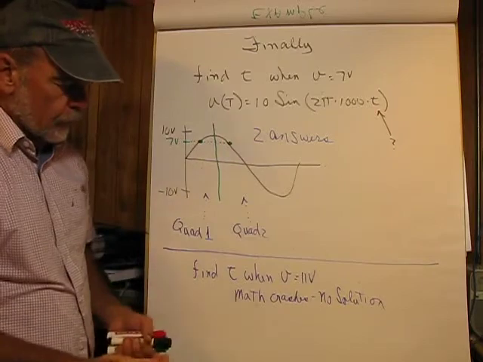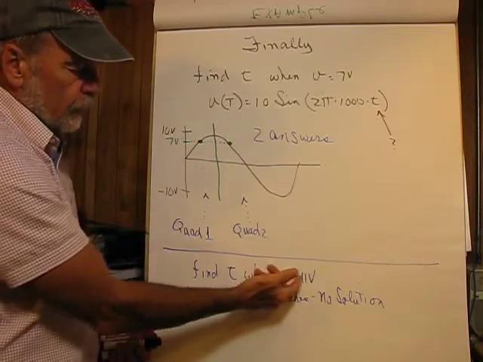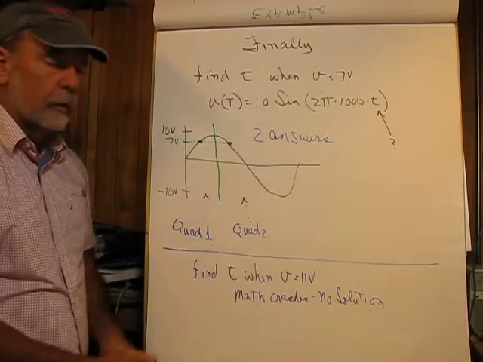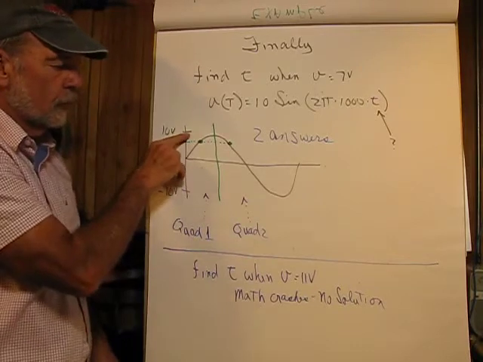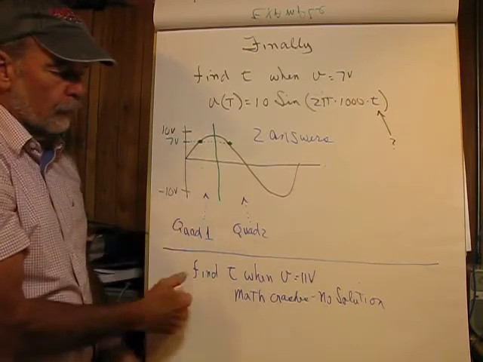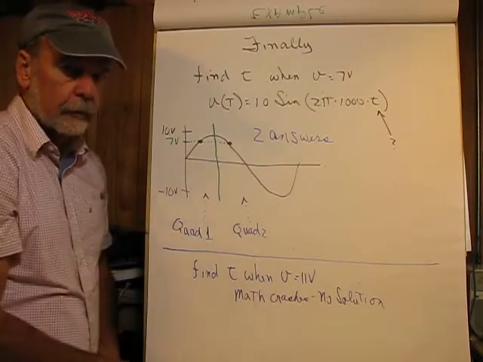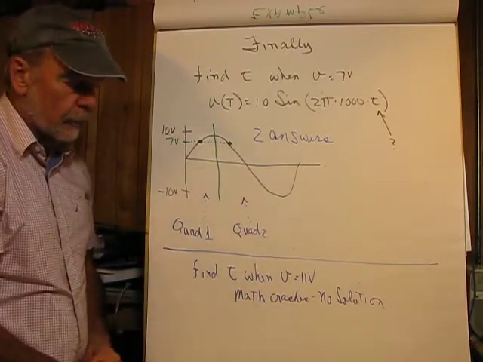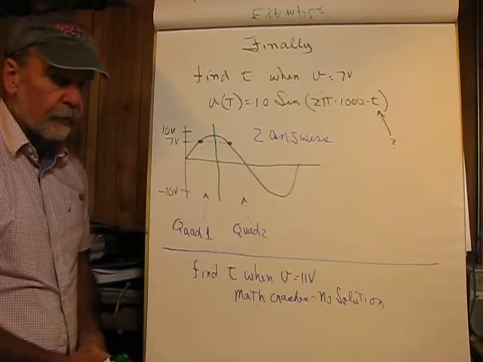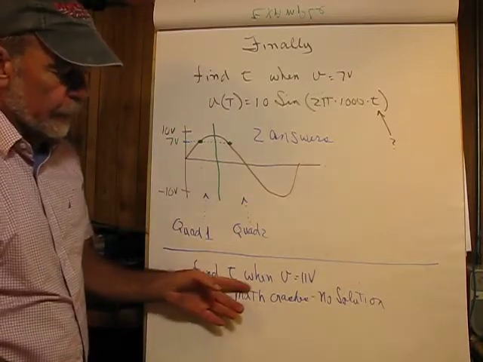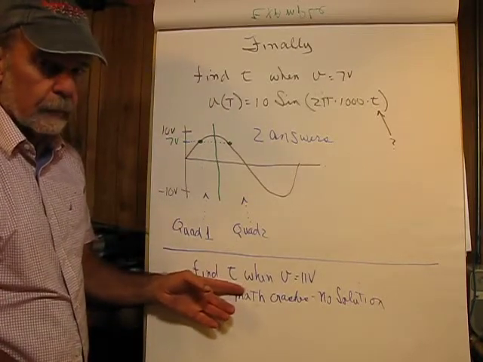I could also say something like find T when V is equal to 11 volts. Interesting issue. The peak voltage is 10 volts. So what's going to be the time at 11 volts? And the math will crash on you. You'll end up with a divide by zero or some other nonsense answer, which will be very obvious that you can't do this problem. It doesn't exist.